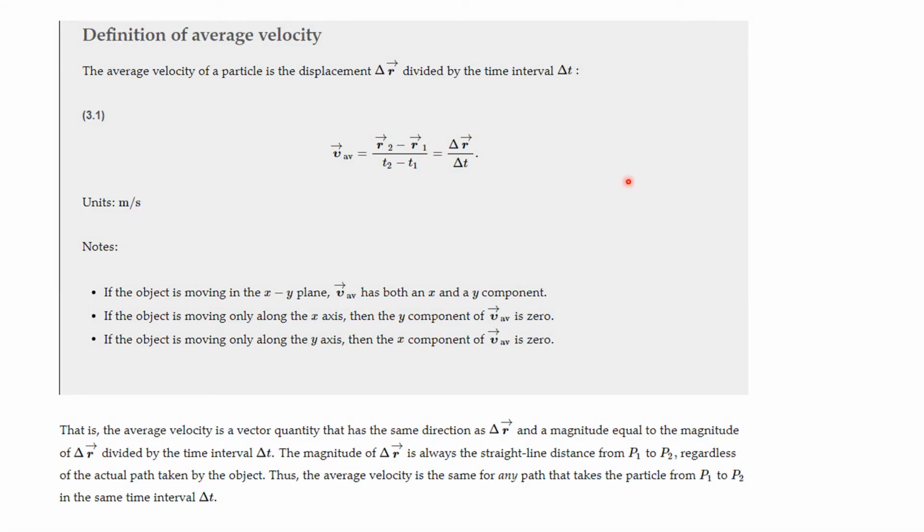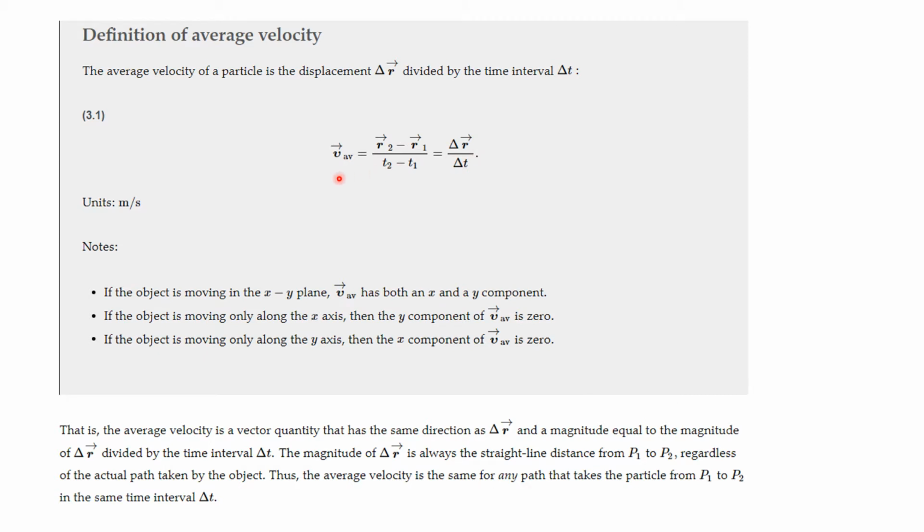So given that, if we have the vector r representing the position, then the average velocity of a particle with displacement delta r is defined on the interval delta t. So the average velocity is going to be the difference between these two vectors, which in itself is going to be a vector.